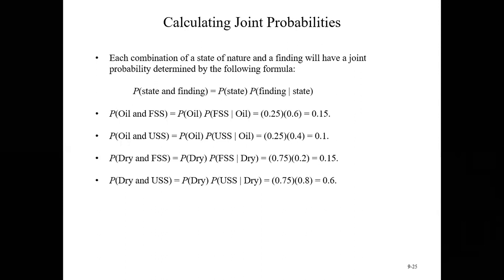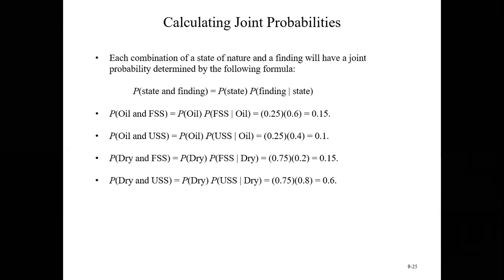The third probability we have here is that we initially thought the oil well would be dry, but the new information told us there's a high probability that there would actually be oil. Or the final probability is that our prior probability was that there would be no oil, and the new report tells us the same thing, that there's a high probability there'll be no oil.